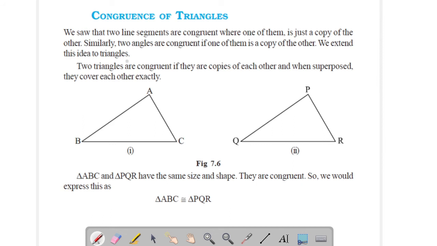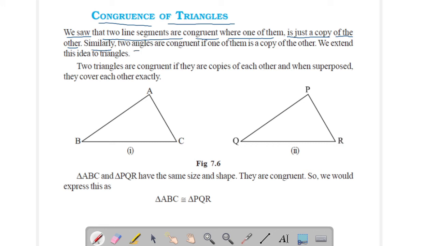Now come to the next topic, congruence of triangles. Here we saw that two line segments are congruent where one of them is just a copy of the other.